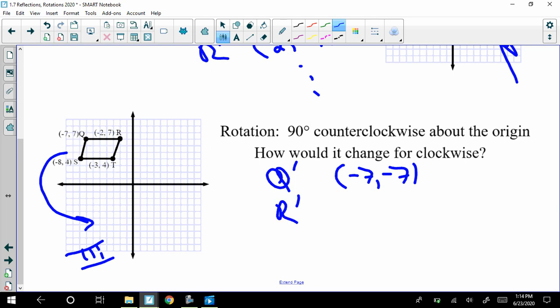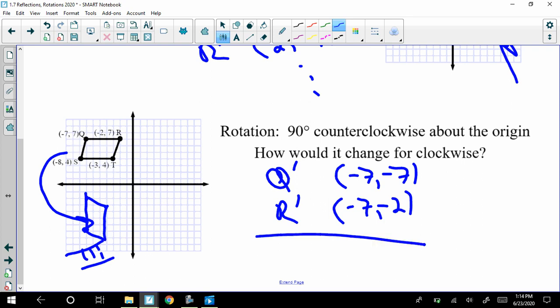R prime would be at negative 7, negative 2. So Q prime is way down here, R prime is here, and then we're going to be up here. So it's going to look something like this. So that's how that would work.